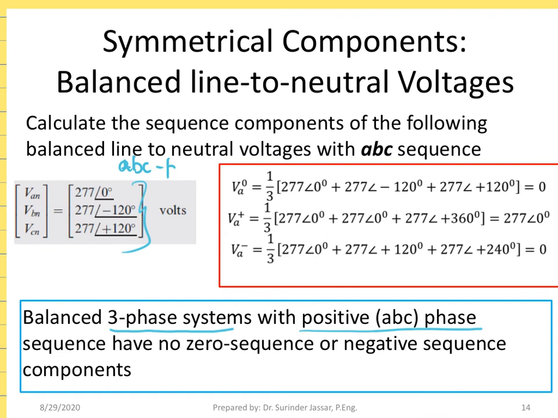So a balanced three-phase system with a positive phase sequence has no zero sequence components, no negative sequence components, and only the positive sequence component, because that is what it is. So that's the case of the balanced system.